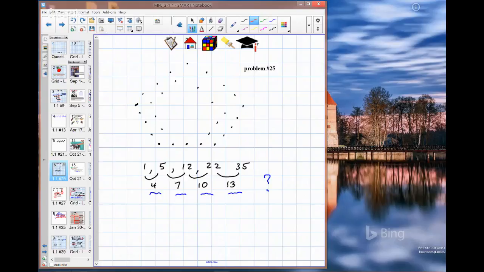Yeah, 3. Exactly. So the next one is? What comes after 13 then on that line? 16. Yep, and 16 plus 35 is 51, and then 19, etc. So that one I think could have been turned into a number problem. I don't know if you saw the numbers down there, but that would have been the way I would have done it. Is that enough to suggest how to keep going on that one? Yeah. Okay, thank you. You're welcome.